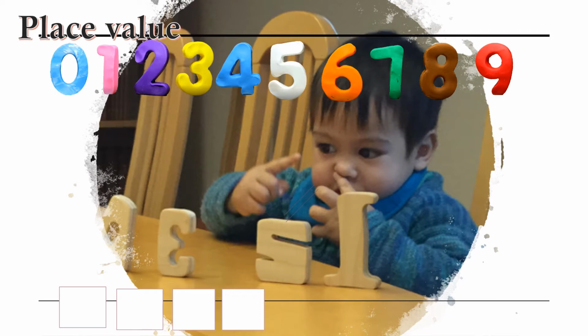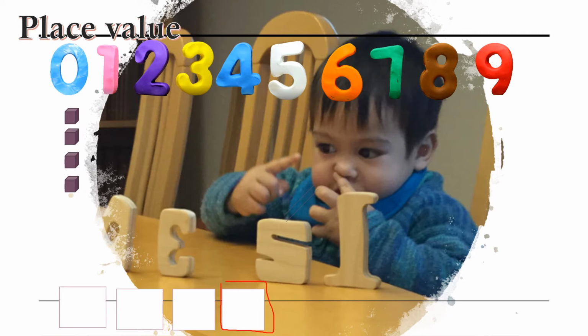We're going to start with the individual blocks. Okay, how many individual blocks did we have? We had 4. We're going to write the number 4 in the first box on the right.